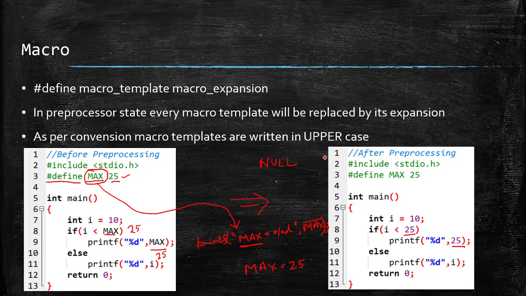So in stdio.h the NULL macro is defined with an expansion value of 0. Now you are going to use EOF, which is also a macro in case of file handling in C. Similarly, we have used several other macros in our source file, but at that time we did not know that it was a macro template which is expanded later.